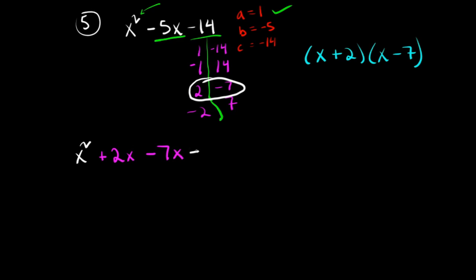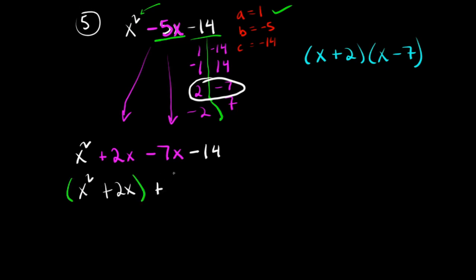I can just rewrite negative 5x as positive 2x minus 7x. I'm just splitting that middle term into 2 separate terms using the factors 2 and negative 7. And then I can group my first pair of terms and my second pair of terms in parentheses.